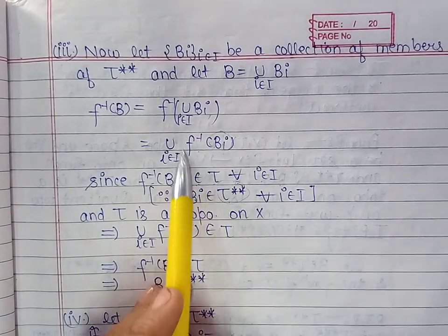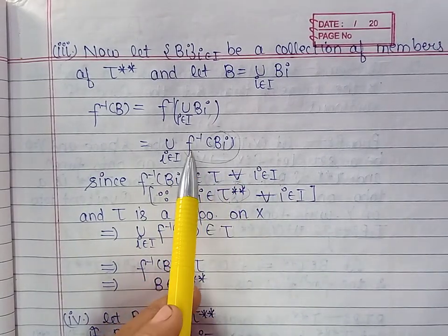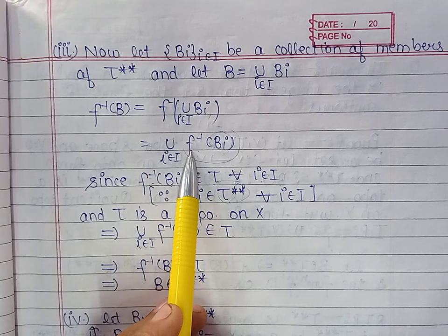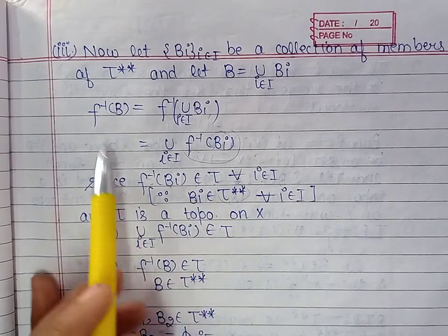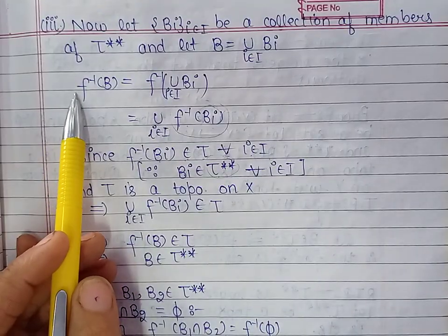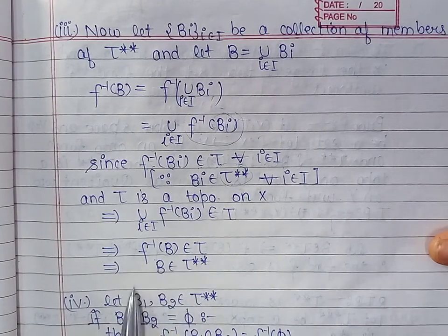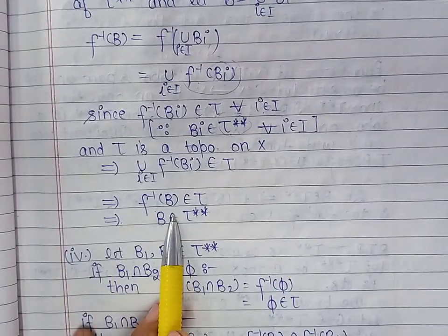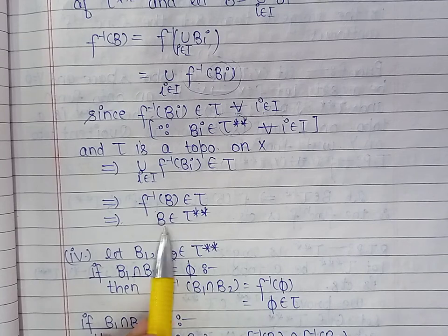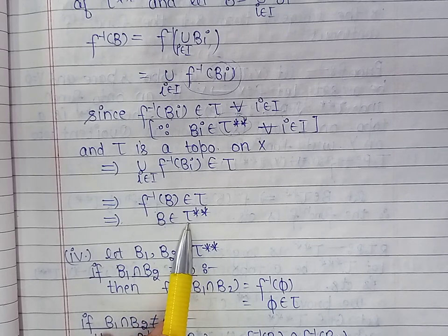It means all these members belong to the topology tau, and because a topology is closed under arbitrary unions, we can say that f inverse B belongs to the topology tau, and therefore by definition B belongs to the collection tau double star.